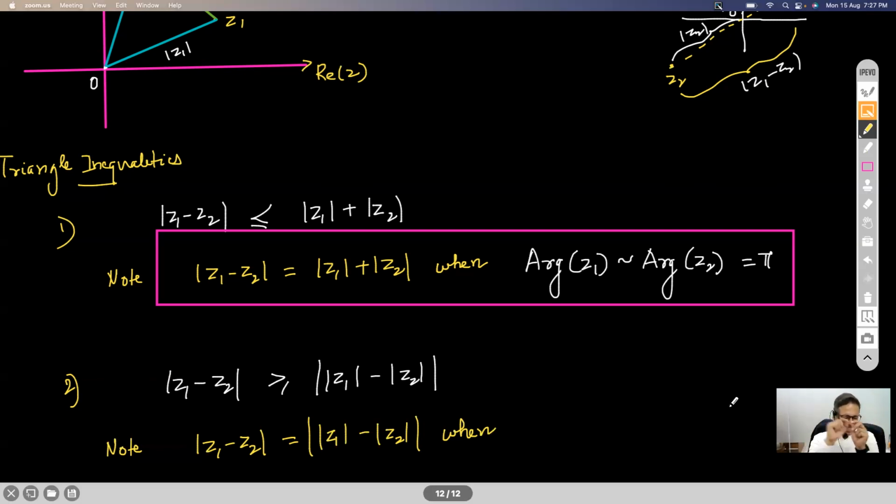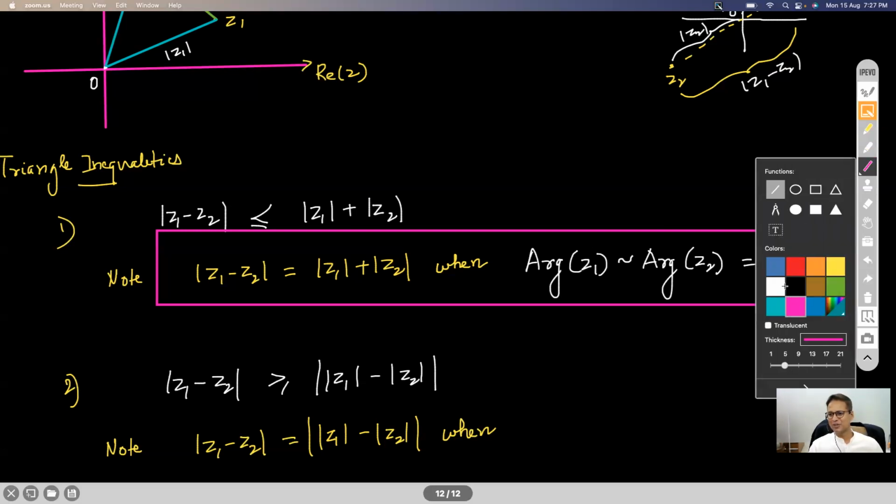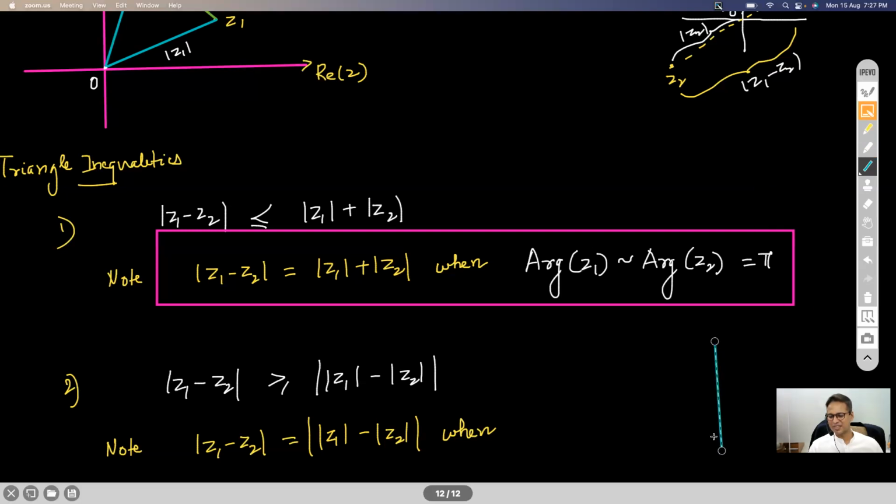Z1, Z2, the distance between them is the difference of the distances of Z1 and Z2 from the origin. Maybe I'll draw it for you so that you're able to imagine that in a better way. See, let's say this is Z1, this is Z2.